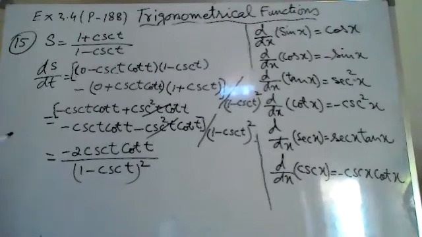This is the final answer: minus 2 cosec t cot t upon 1 minus cosec t whole square.